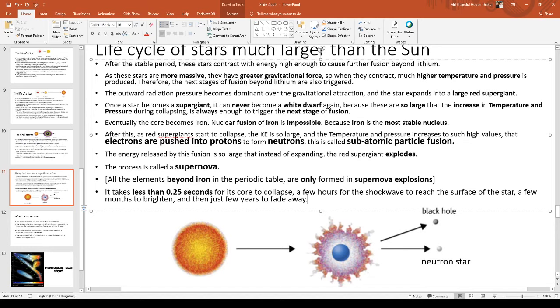Okay, so that is it for this class. In the next class, we will study black hole and neutron star. Yes, proton plus electron equals neutron. Neutron has zero charge. The charge matches like this, but this is only for subatomic particle fusion. If you just normally take a proton and an electron, they will never fuse and produce a neutron.